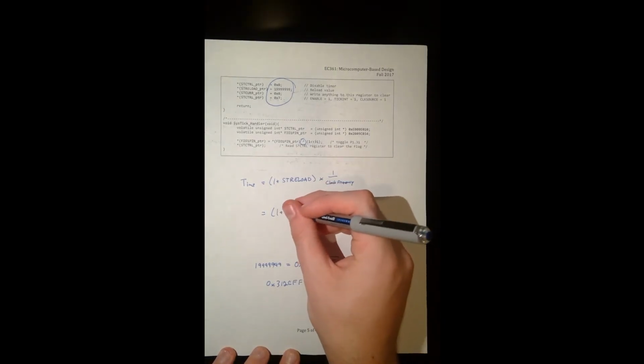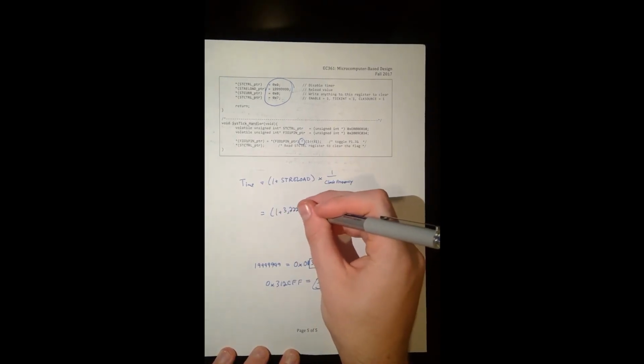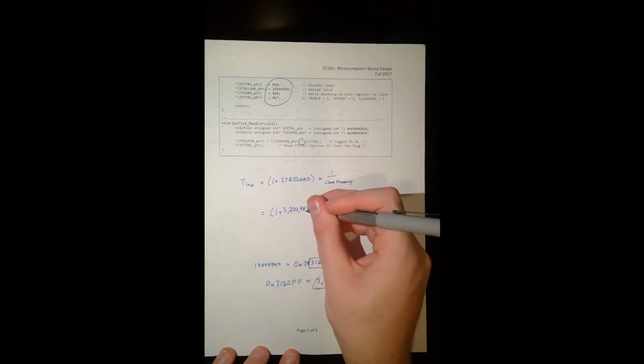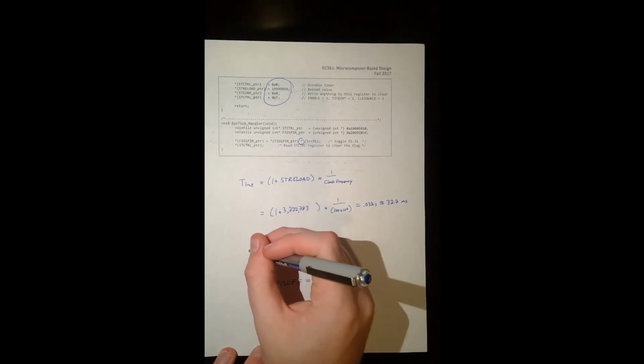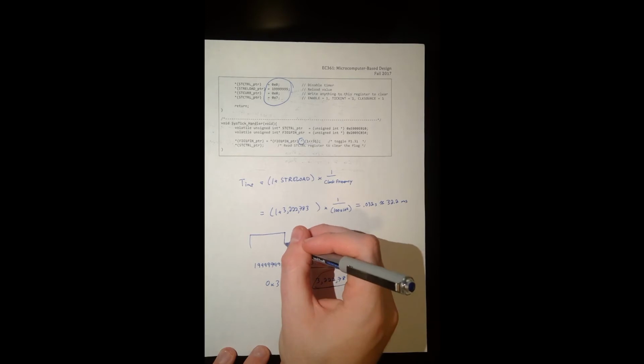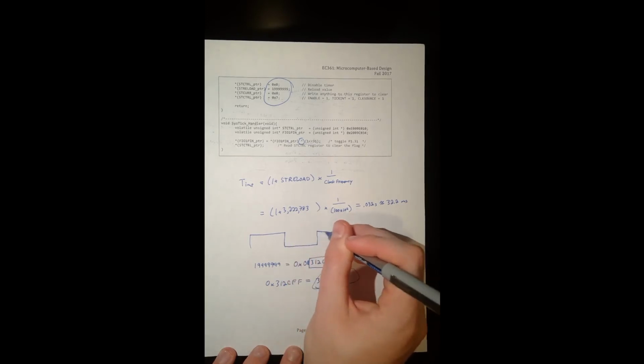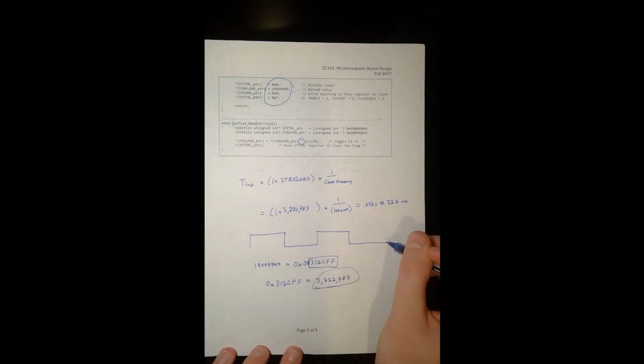So we can do this with ST reload as 3222783, and if we push that calculation through, this should come out to 0.032 seconds, or approximately 32.2 milliseconds. So what we would actually see is 32 milliseconds on, 32 milliseconds off.